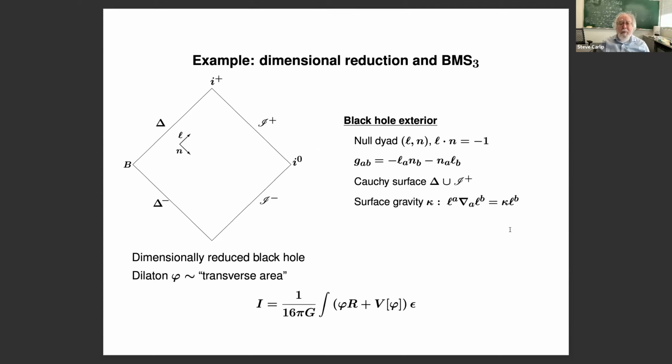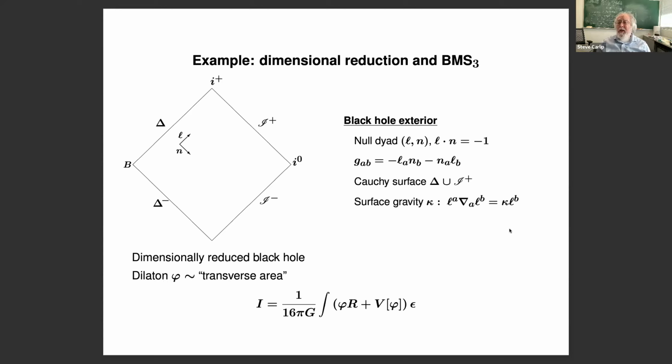Okay, let me take a couple of minutes to give you a specific example, just to wave some equations and pictures at you. If you start with an arbitrary black hole, as I said, one way of picking two preferred directions is to pick the generator of the horizon and a radial direction, a direction orthogonal to the horizon.